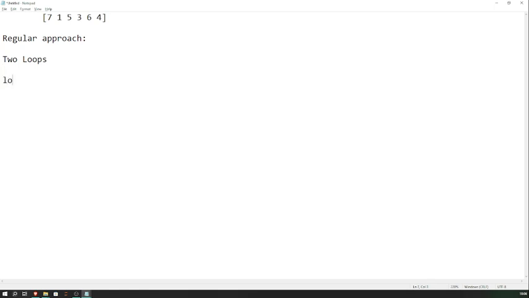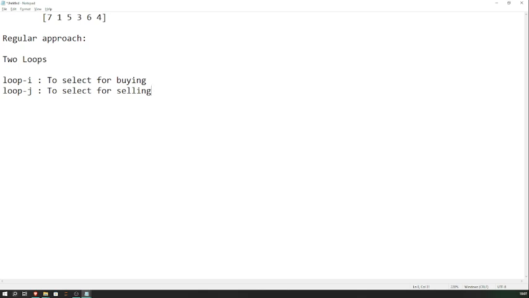So loop i to select for buying, let's say, and then inner loop j to select for selling.